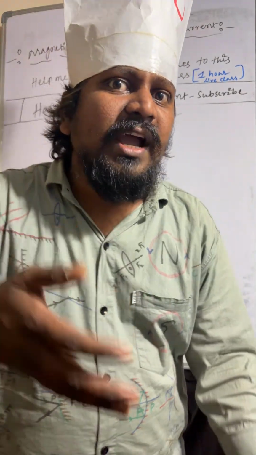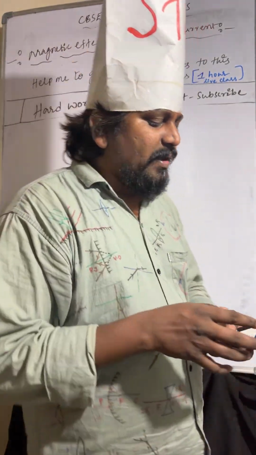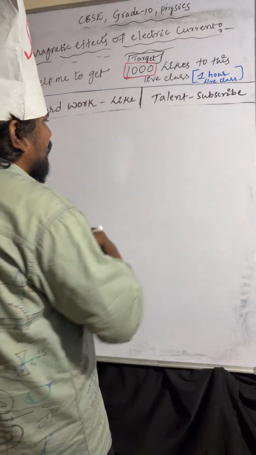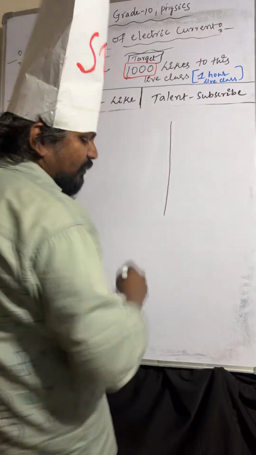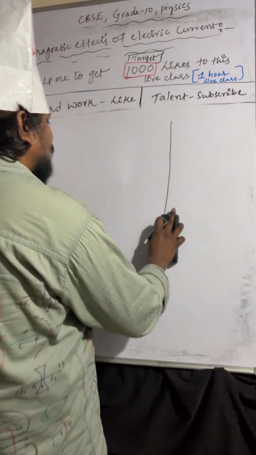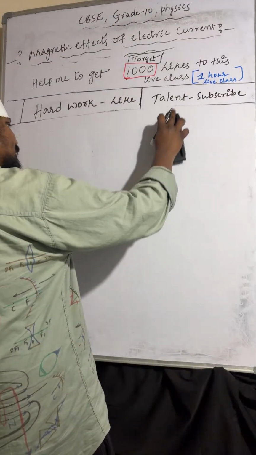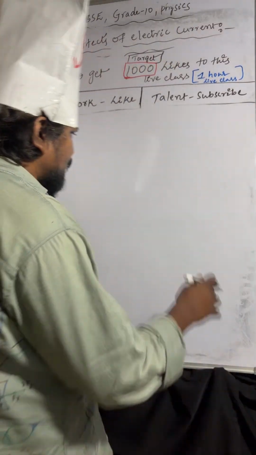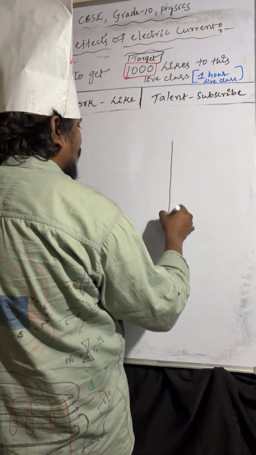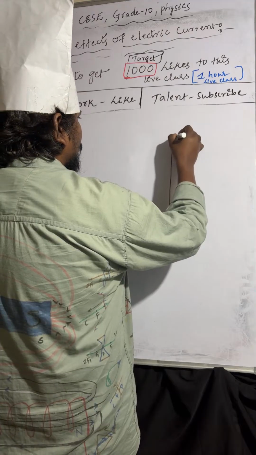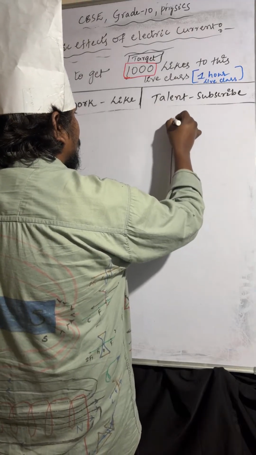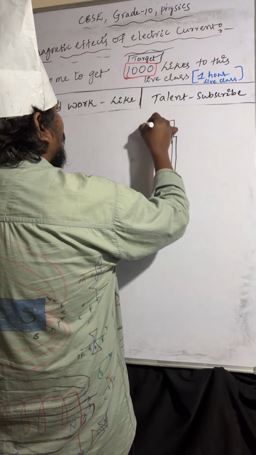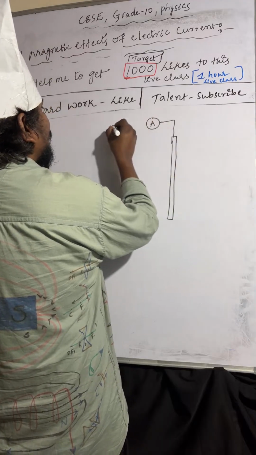Now I am taking a straight copper conductor. Here you can see this is a thick copper conductor. I am connecting it to the circuit, a thick straight copper conductor, connected to the ammeter and rheostat.